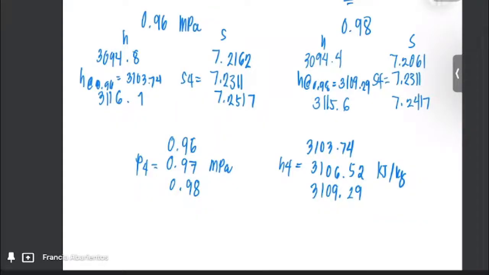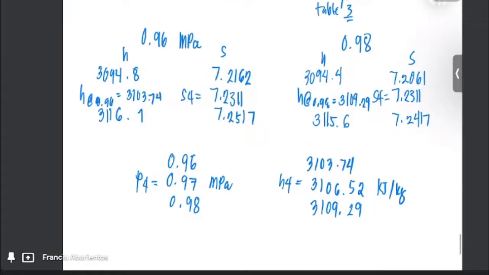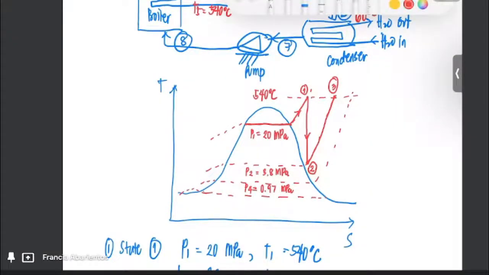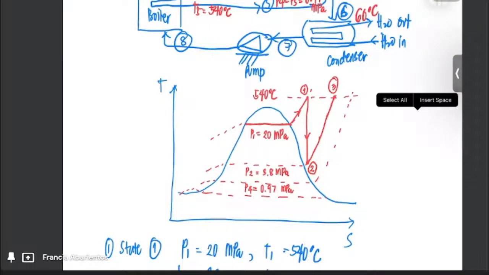So it falls under the superheated vapor. Ayan. Balikan natin. So superheated pa rin siya. From 0.3. Ayan. So dito siya. We have now 4. After that, that is again a constant pressure at 0.5.